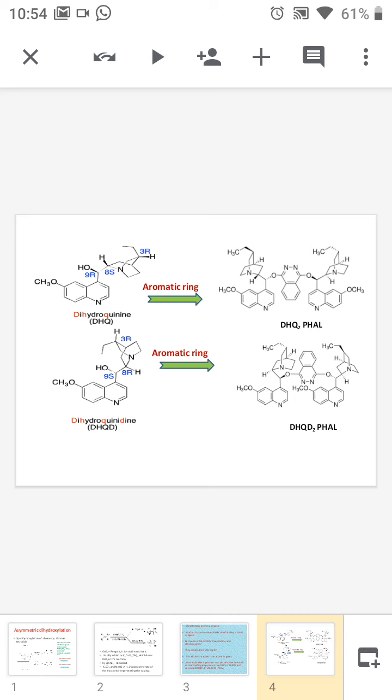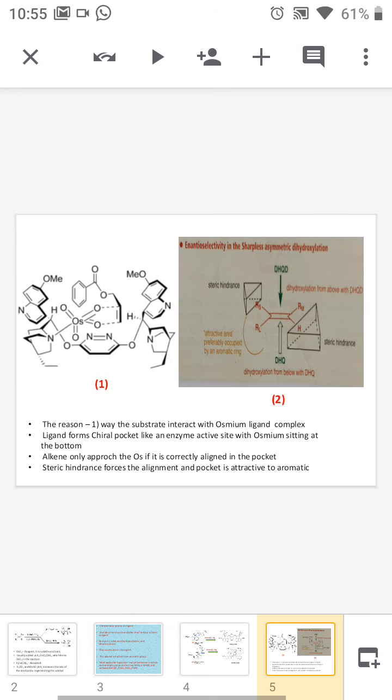The other alkaloid is DHQD, and when combined with the aromatic ring we get (DHQD)2PHAL.